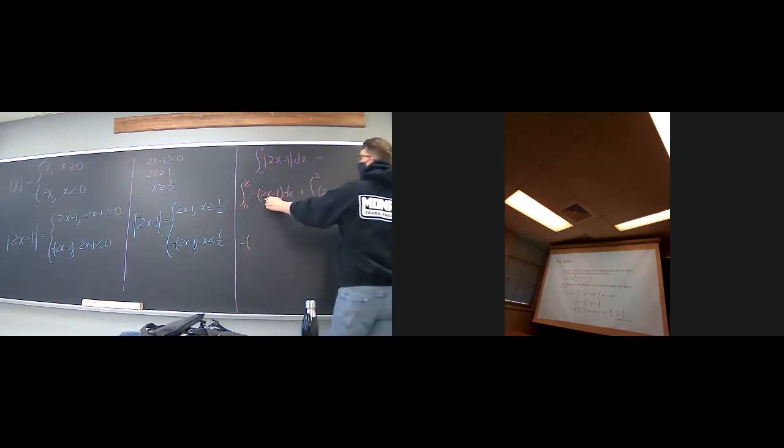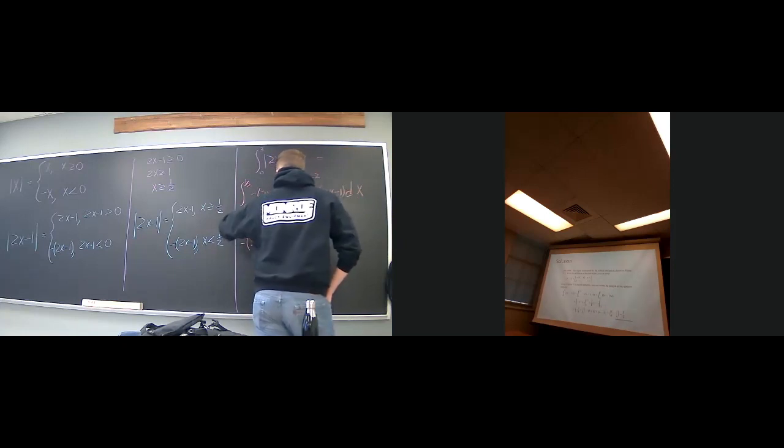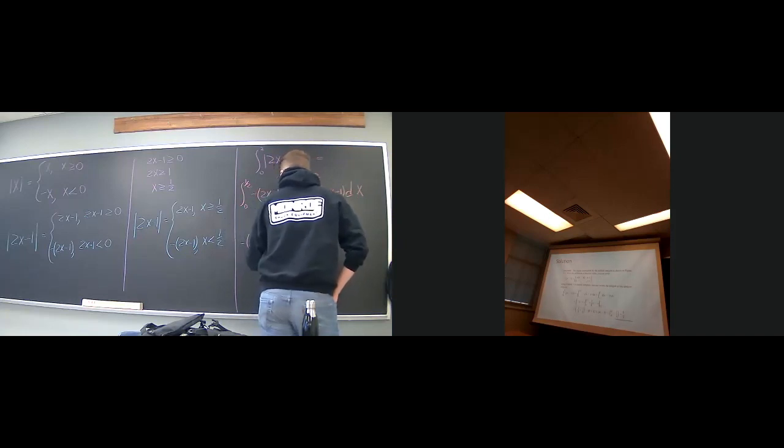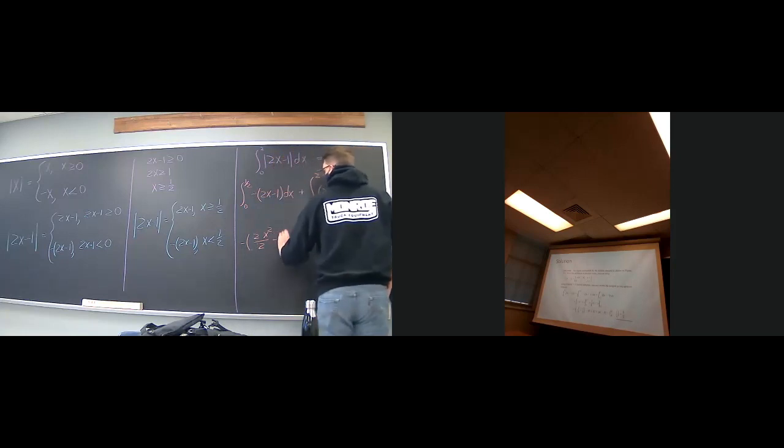When we do, we're going to be integrating 2x minus 1 with respect to x. So this is going to be 1/2 times 2, here, let me write it this way, 2x squared over 2, right? Minus x with the bounds 0 to 1/2.